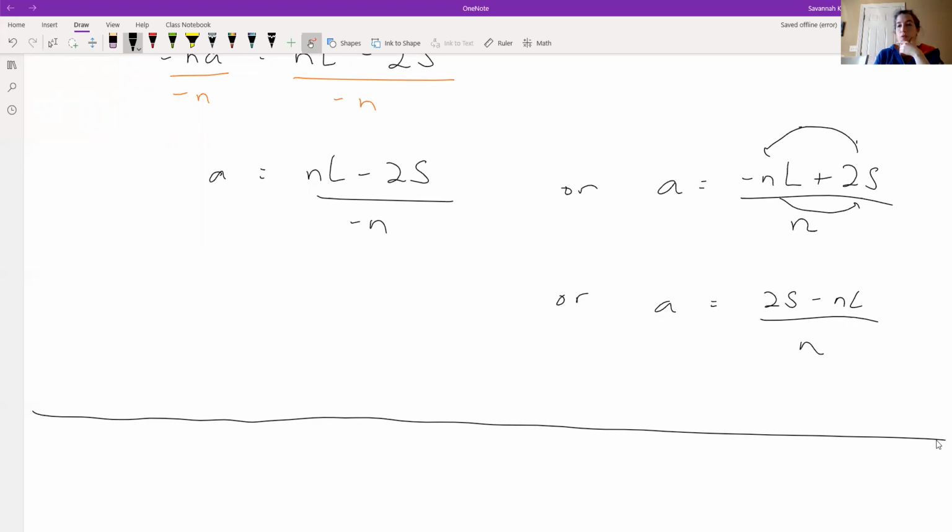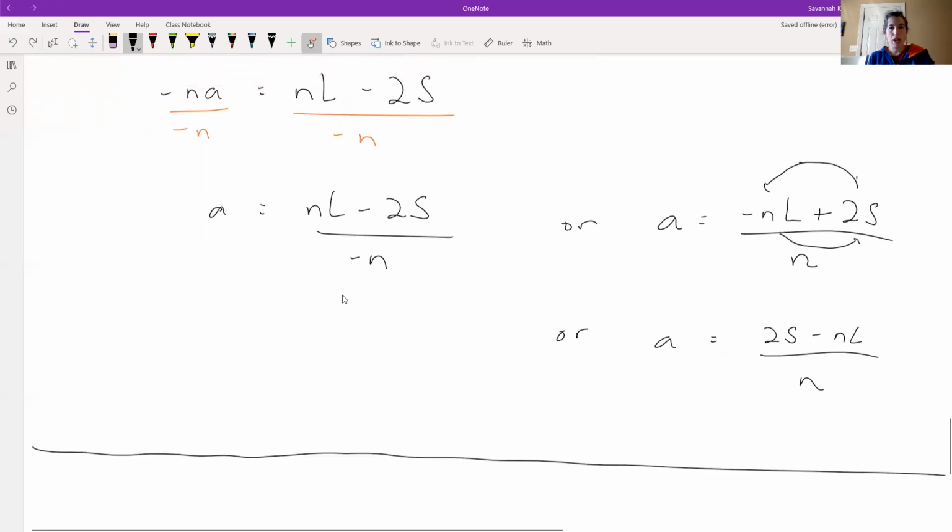But know that the formulas in pre-calc are made to be used. So whichever one of these 3 options seems the most user-friendly to me, I do like this one because the one negative that lingers is in a very, to me, user-friendly position. So just from experience, that's the one I prefer.